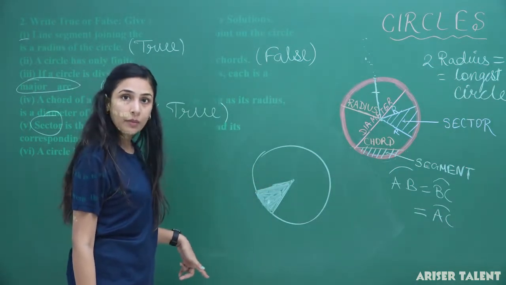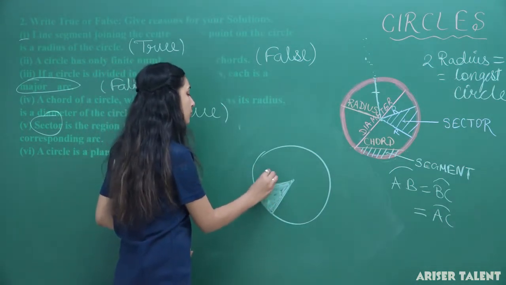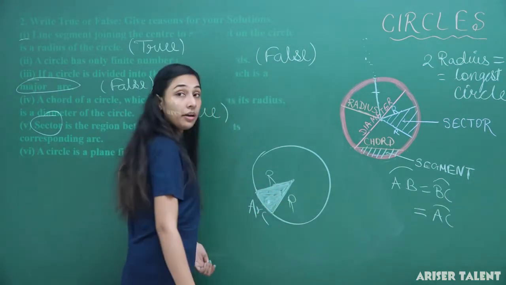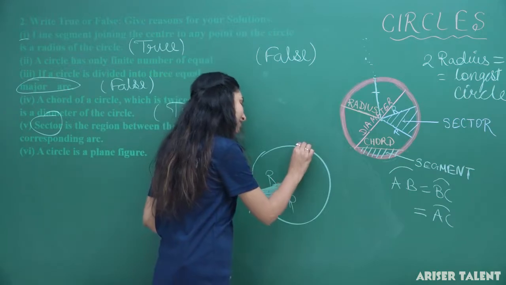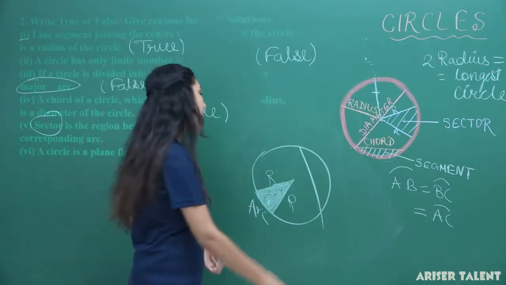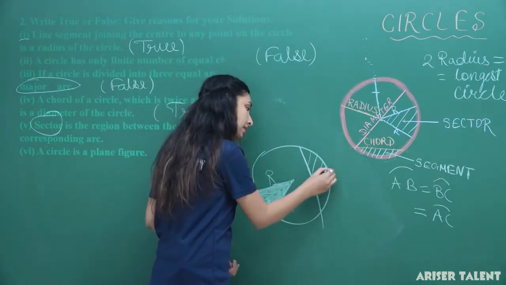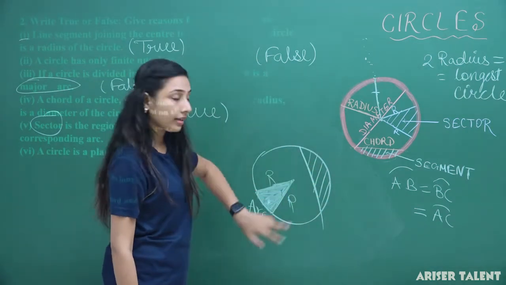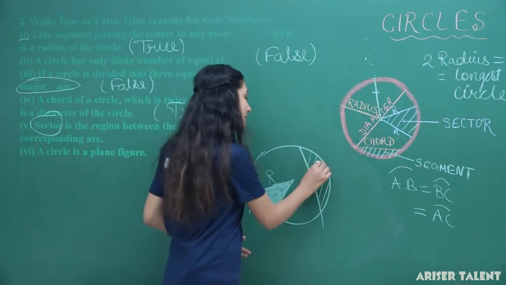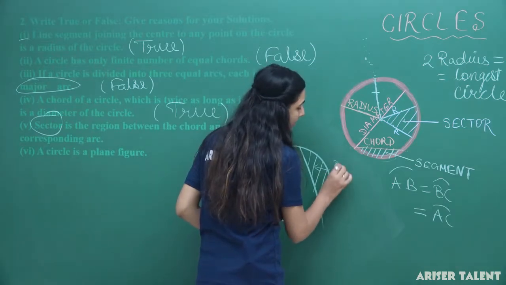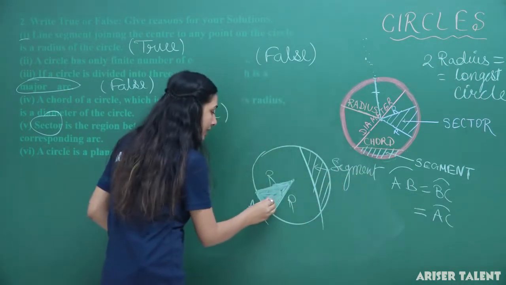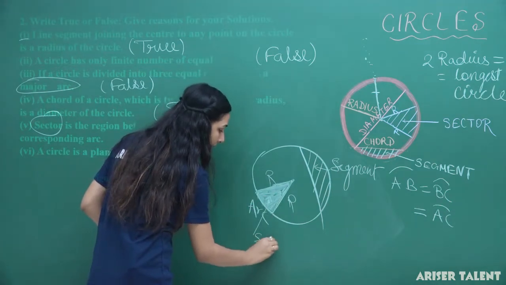So a sector is made up of these two radii and this arc. If I cut this and find this arc and this chord, that will be the segment, and this will be the sector.